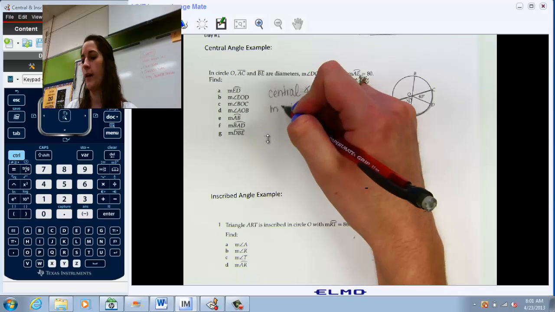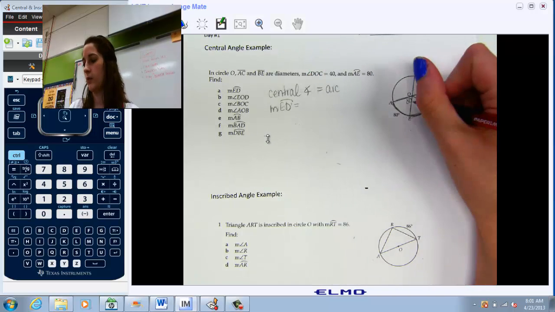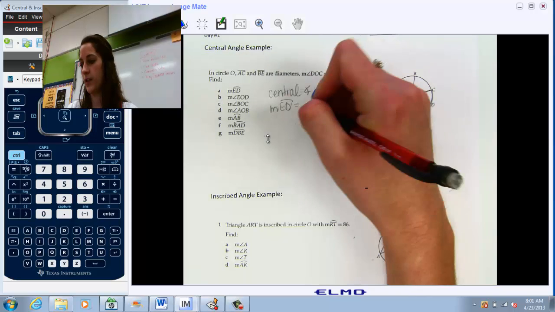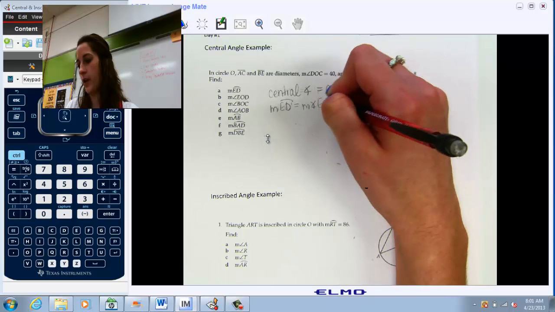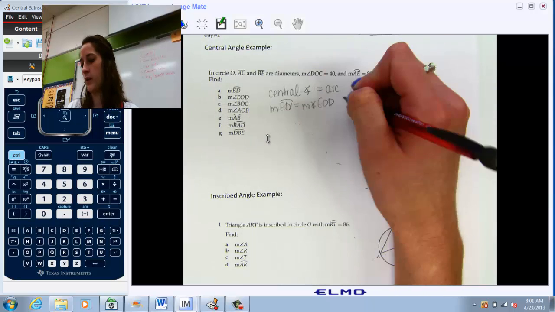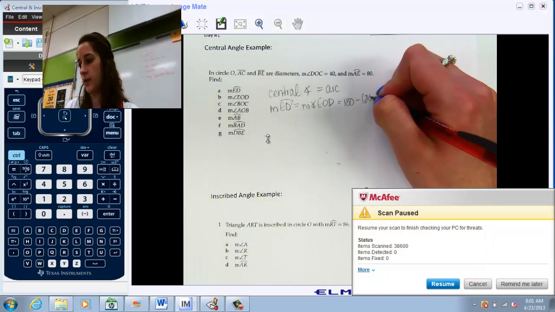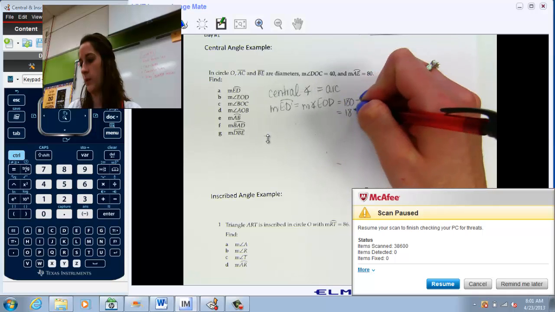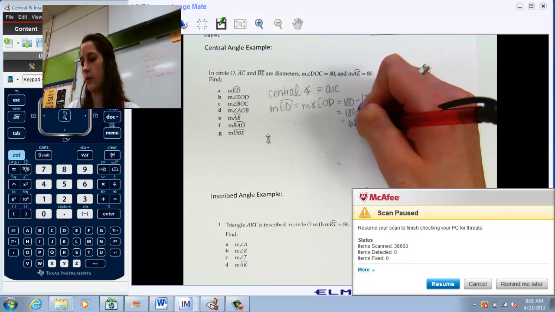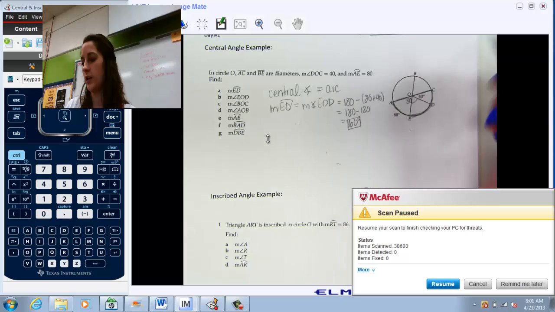So the measure of arc ED is going to be equal to the measure of angle EOD, which is equal to 180 degrees minus (80 plus 40) degrees. So we're going to get 180 minus 120 degrees, or 60 degrees. So the measure of arc ED is 60 degrees.